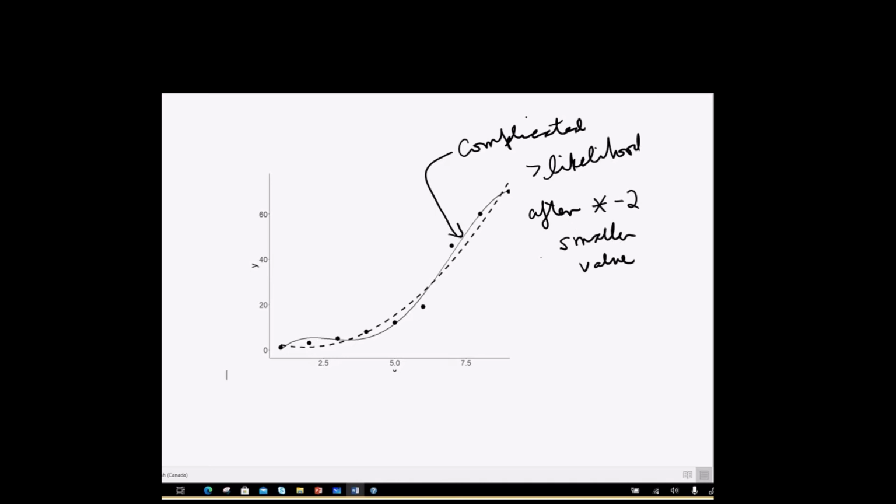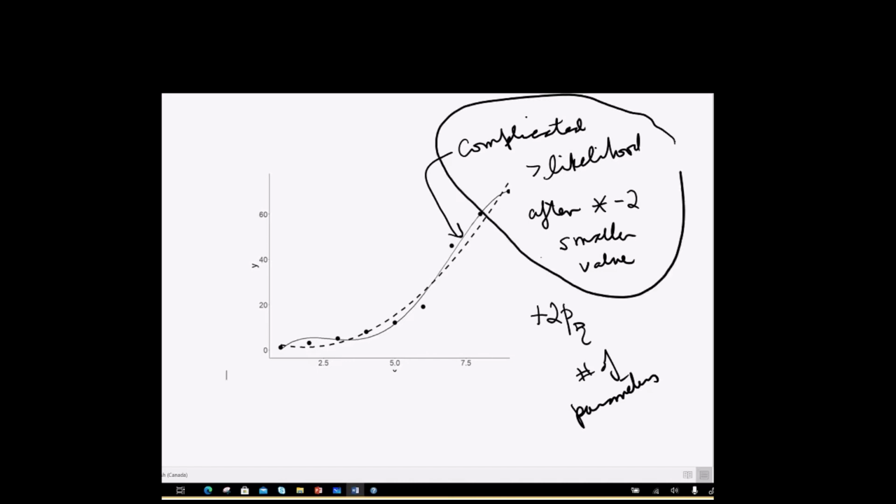Now, adding parameters to a model is always going to make the model fit better. So what we do, though, is we add at the end 2 times P, where P is the number of parameters. So although the more complicated model tends to have a smaller AIC because of this, this tends to offset it by adding 2P to it.